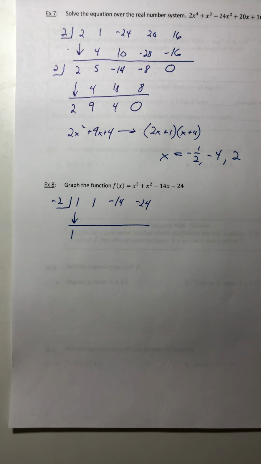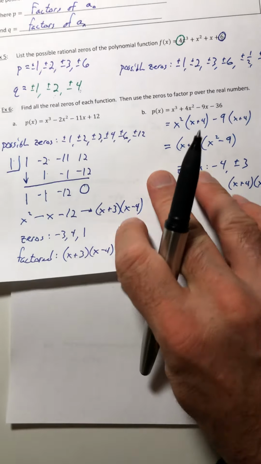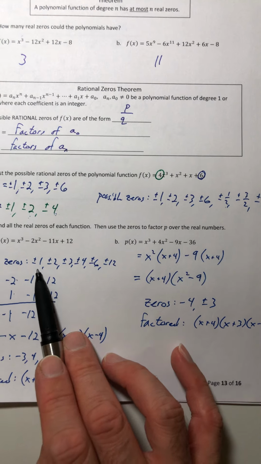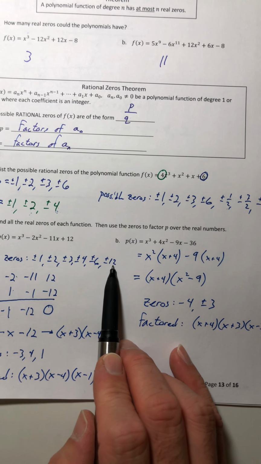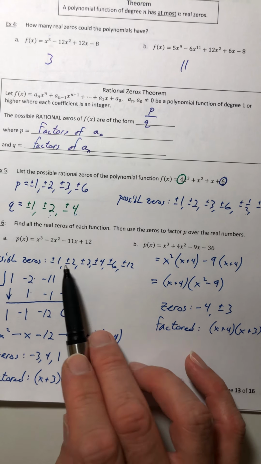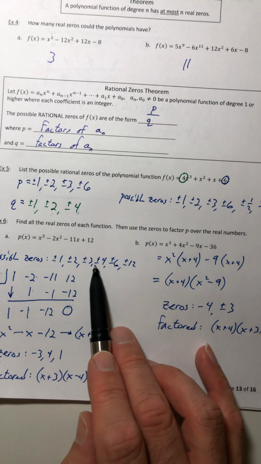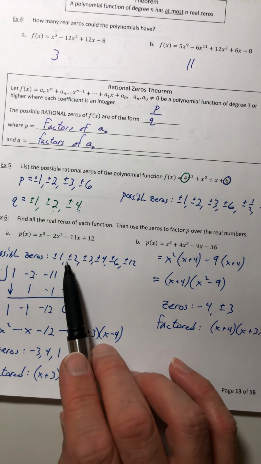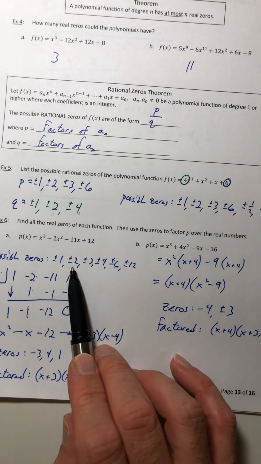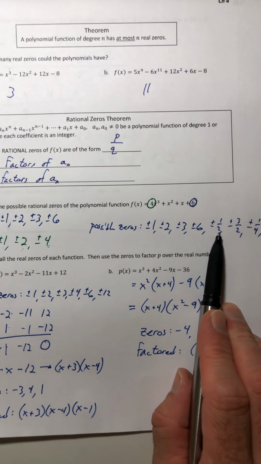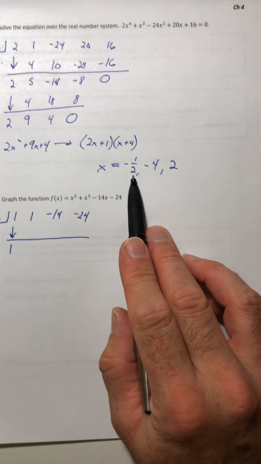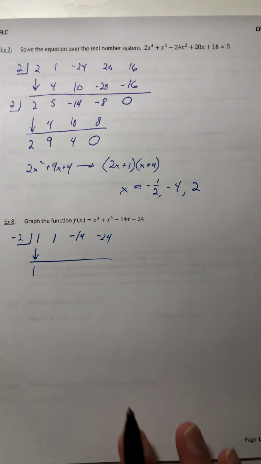When you think about your possible zeros, don't choose the biggest number. It's rarely that one. Start low or in the middle. I usually start with the 1s and then the 2s. Don't be afraid of choosing a fraction. Like in example 7, that -1/2 would have worked in the synthetic division.